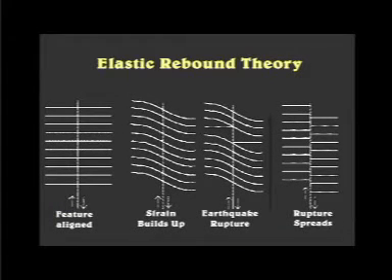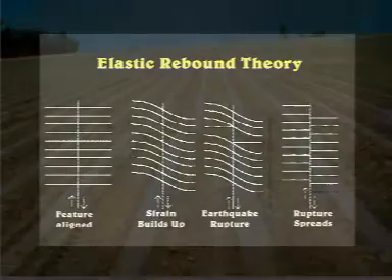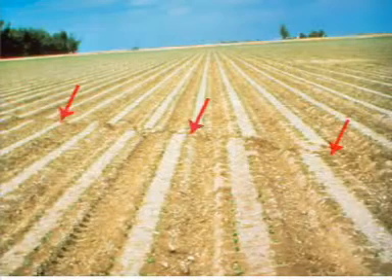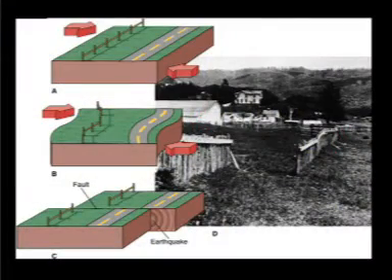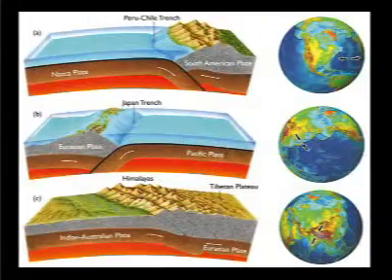The elastic rebound theory given by Reid in 1910 is commonly accepted as explaining how earthquakes occur. According to this theory, earthquakes occur in the regions where deformation is going on.